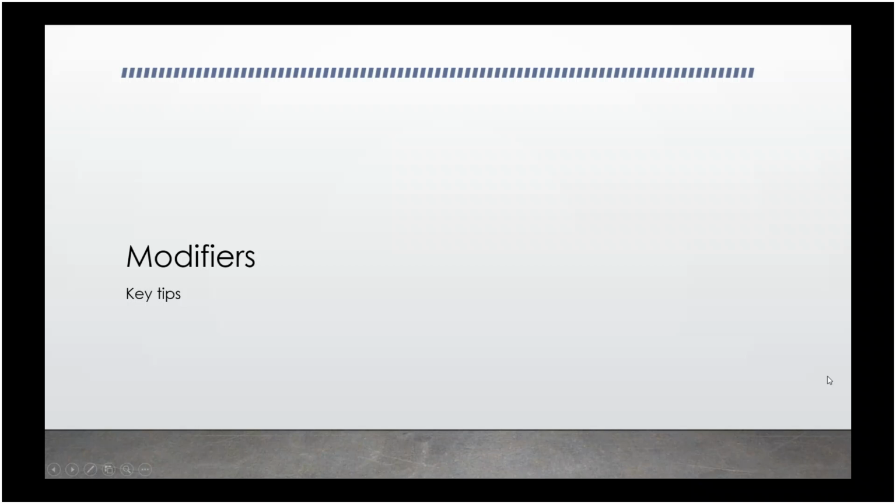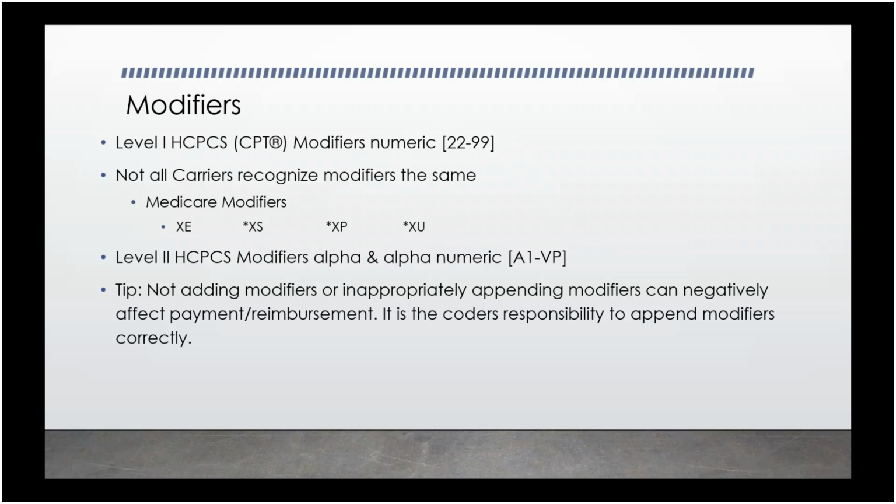Modifiers, key tips here. This is just going to break down all the modifiers for CPT. So with modifiers, we have level 1, HCPCS, which is CPT, modifier numeric, and they're 22 through 99. Not all carriers recognize modifiers the same.